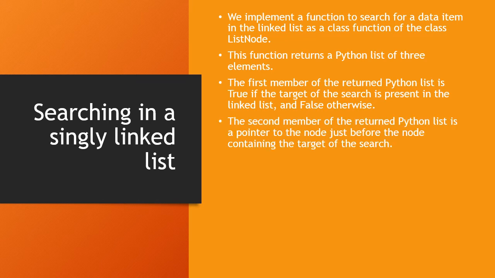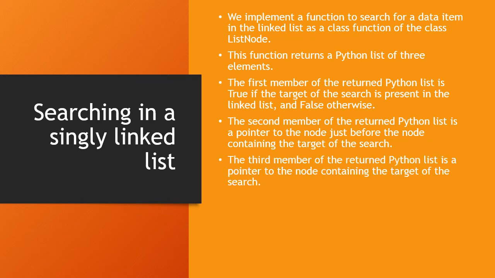The second member is a pointer to the node just before the node containing the target of the search. The third member is a pointer to the node containing the target of the search.